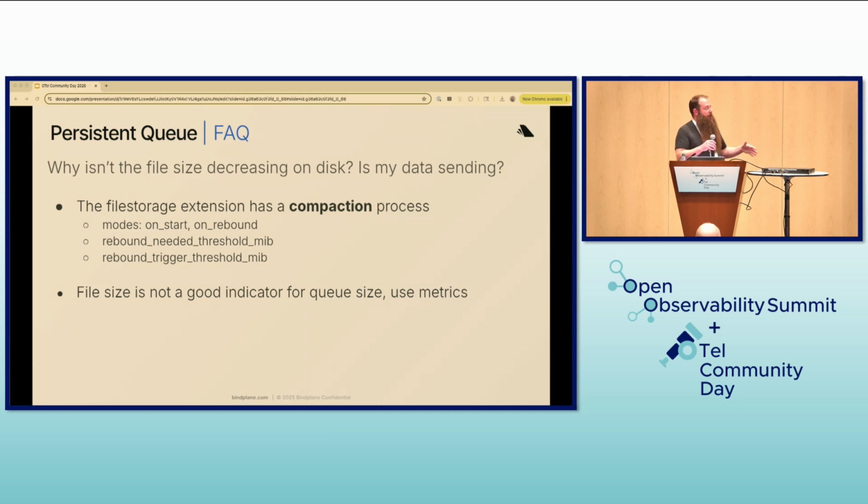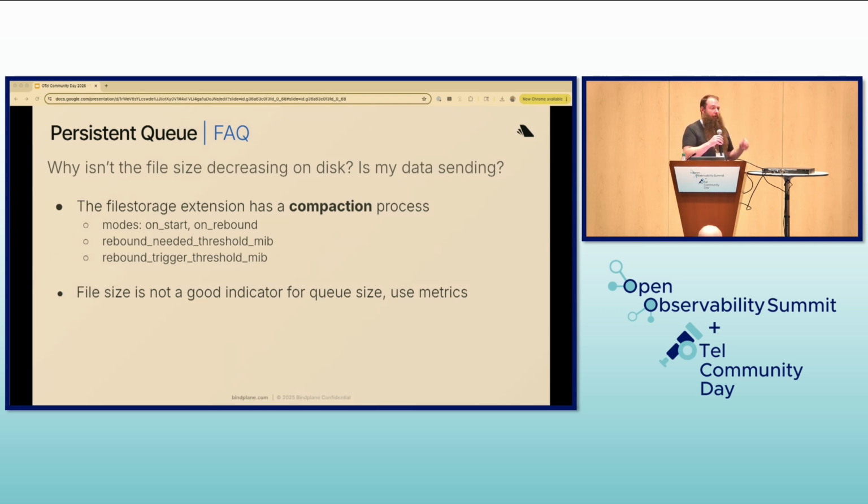Bbolt, which is the underlying database that's used, needs to go through a compaction process to reclaim that allocated but unused space. I'd love to walk through that process, but I don't think I'm going to have time. So trust me, it does that.